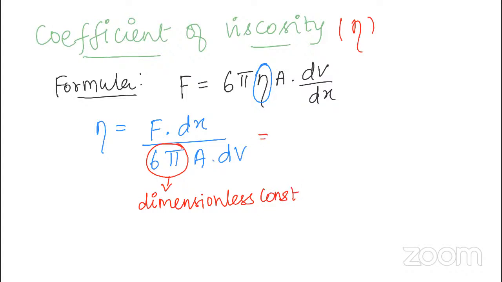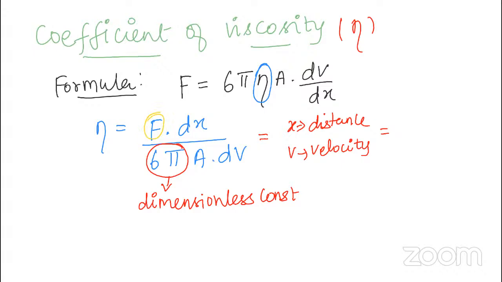So remaining F. So now write the SI unit for F, dx, A and dV. Okay. So here x represents the distance and V represents the velocity. Now we substitute the units.